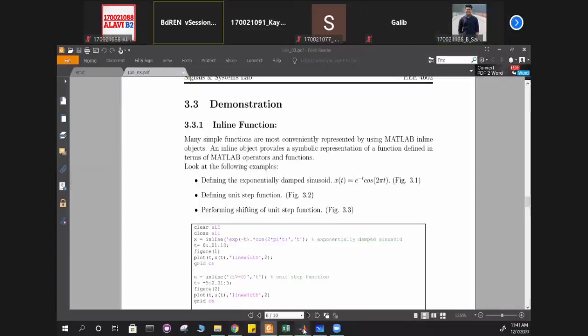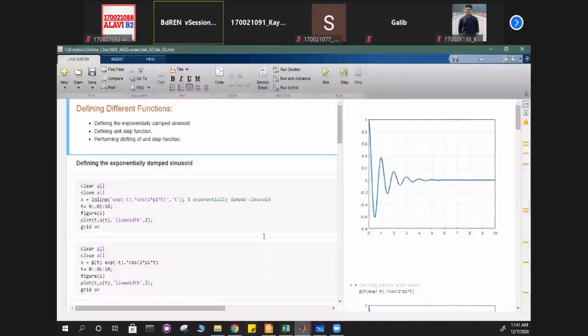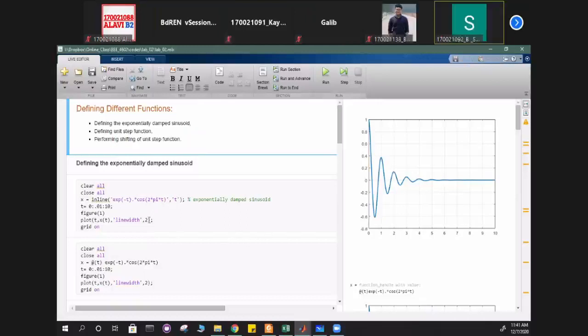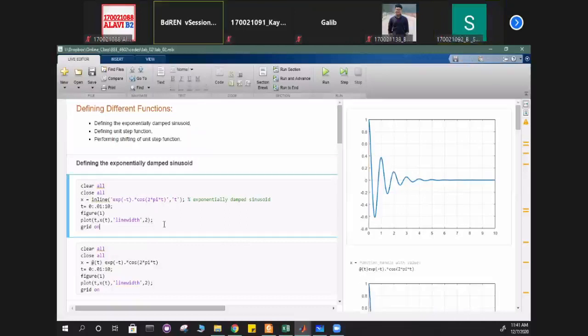Now you have heard about the inline function, isn't it? Sakib, have you heard about the inline function? What do we normally do using an inline function? Sir, to declare a function. So what have we done here?